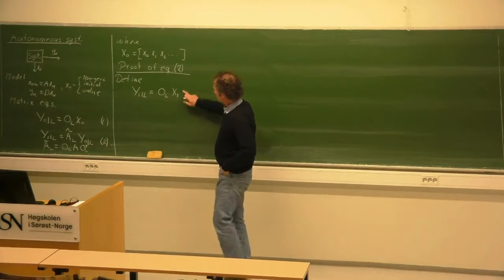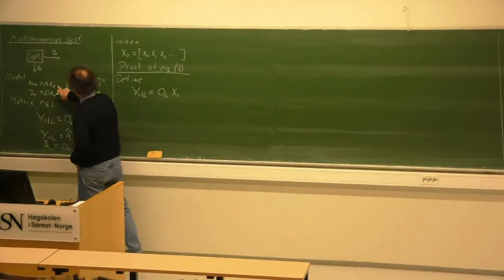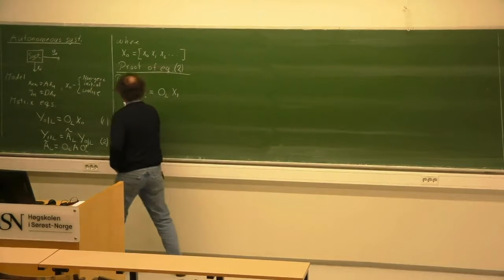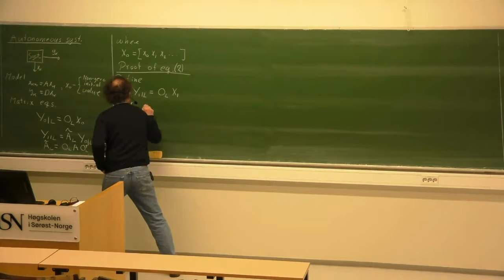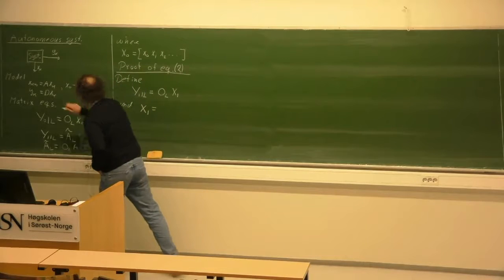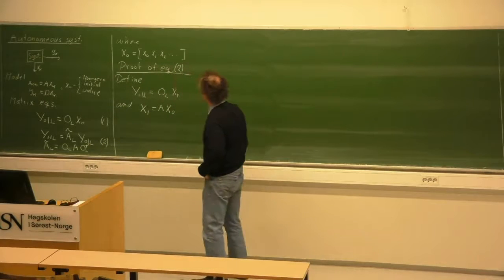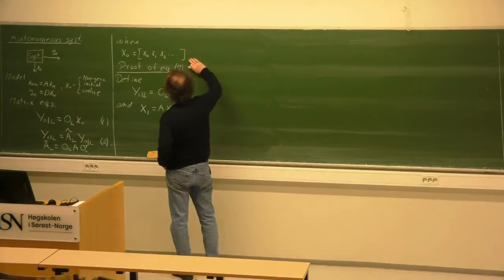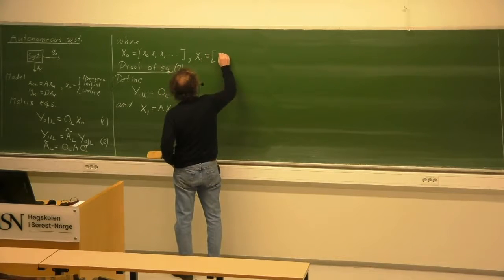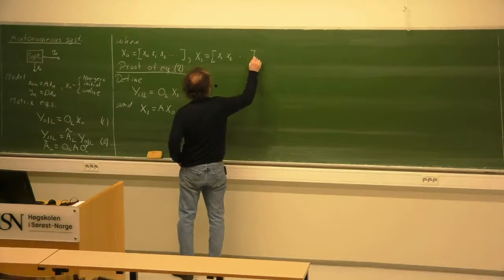And using the state equation x k plus 1 equal to A x k, we also have that this matrix X1 is simply equal to A X0, where X1 is the state at time 1, at time 2, and so on.